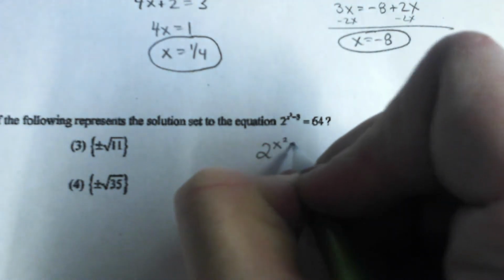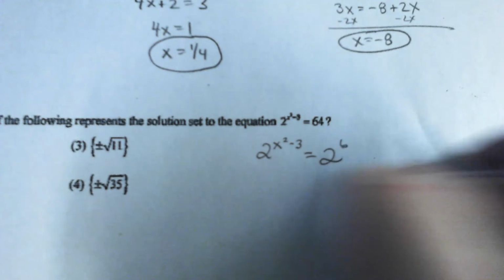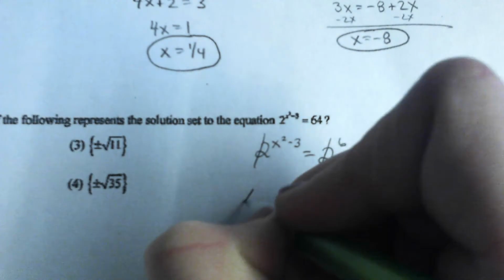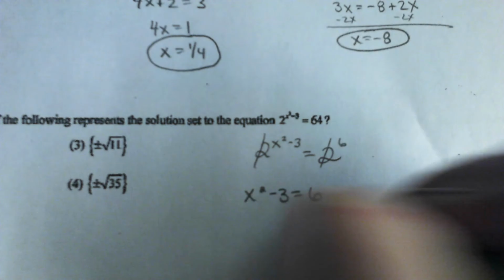Two to the x squared minus 3 equals 2 to the 6th. 2 to a power equals 2 to a power. Cancel your 2's. We have x squared minus 3 equals 6.